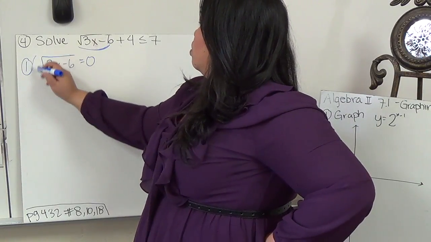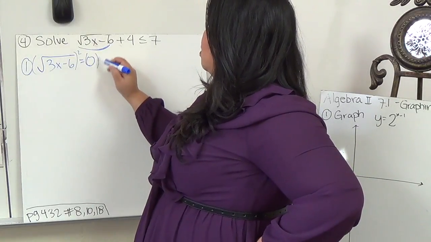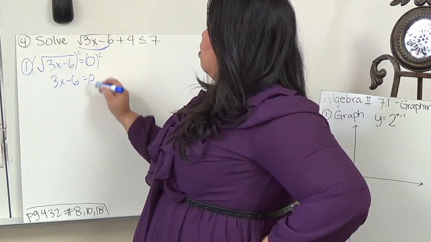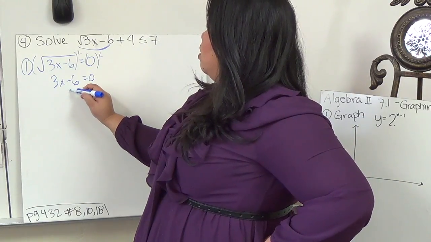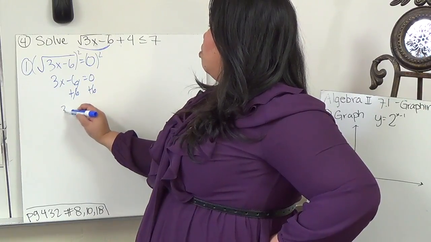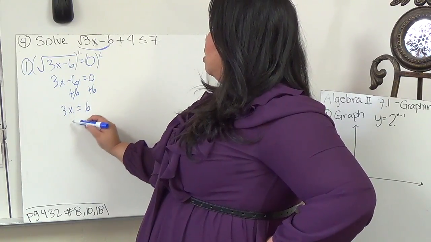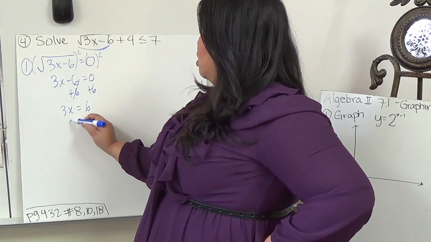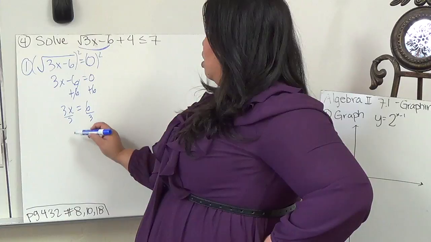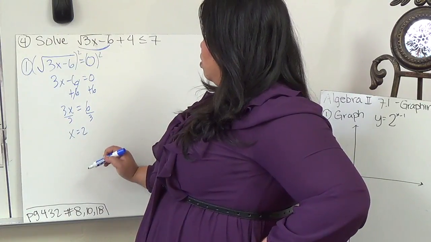I'm going to square both sides. I end up with 3x minus 6 equals 0. Then I'm going to add 6, and that cancels out. 3x equals 6. And then divide by 3. I end up with x equals 2.